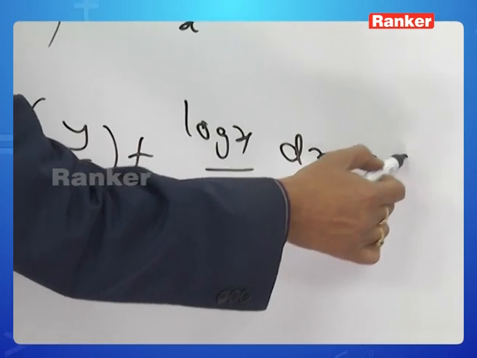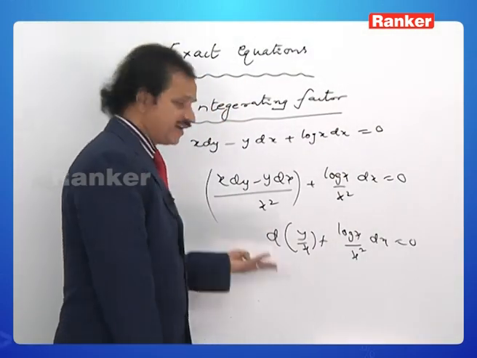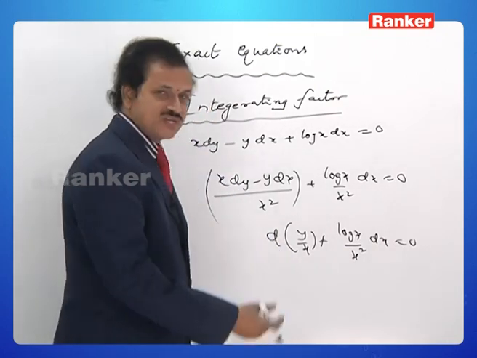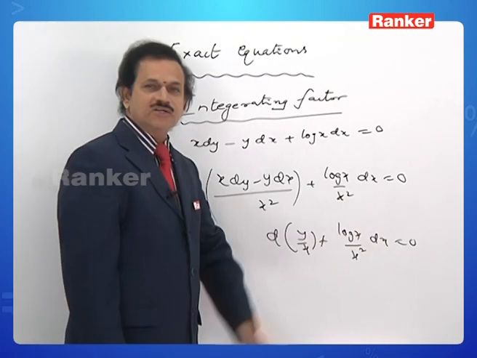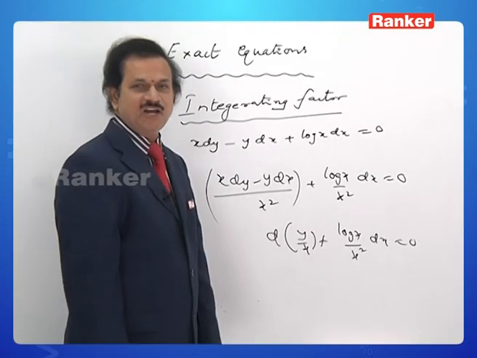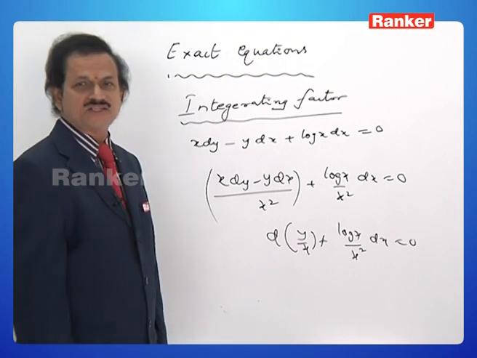Can the solution be obtained by direct integration or not? Yes, of course. The solution is the integral of this plus the integral of this equal to constant. The integral of this is y by x, plus the integral of log x by x square, which you can obtain by using integration by parts.